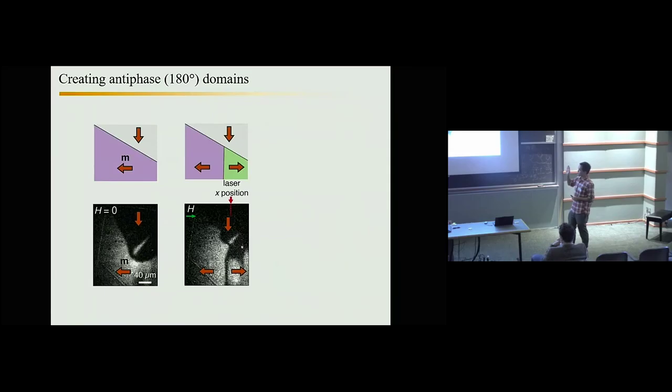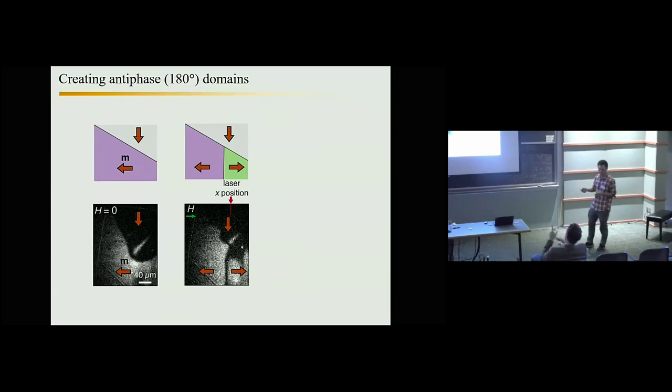But you apply a field that's a little bit less than the coercive field, so just not quite enough to completely flip that domain from pointing left to pointing right. But then you come in with a laser beam and shine it, let's say, on this patch. That locally heats it up, which lowers the coercive field, so that region now gets flipped.